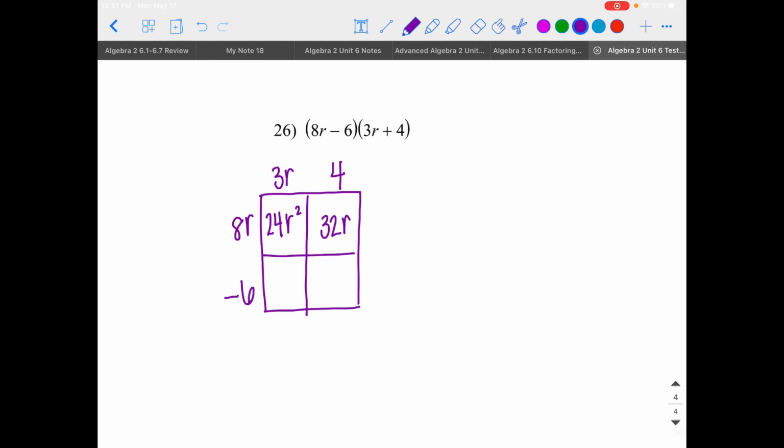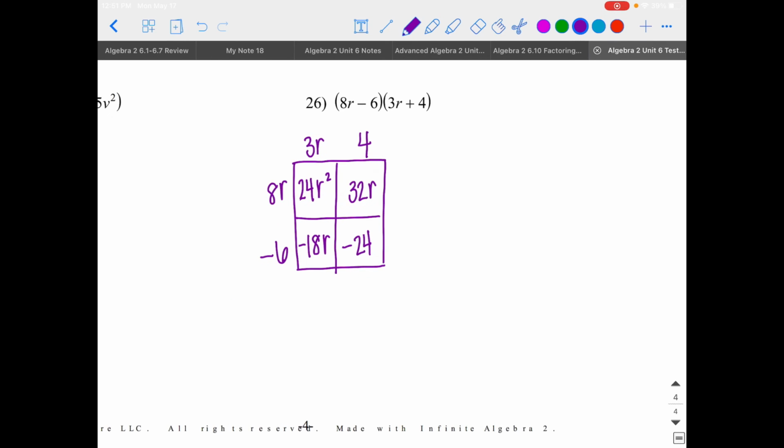Negative 6 times 3r is negative 18r. And negative 6 times 4 is negative 24. We write our answer. 24r squared. We have two boxes that have just an r, so we can combine those. Negative 18 and 32 is 14r, and then minus 24.